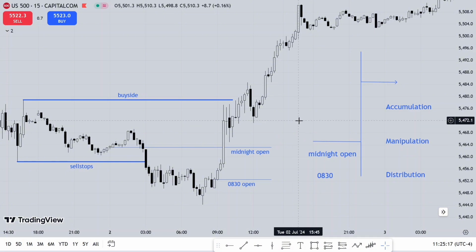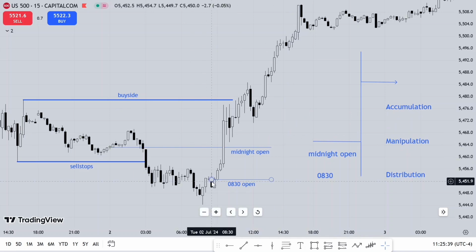typically goes on during the London session. The London session typically makes the low of the day, and if it does not, the New York session will make the low of the day. And if the New York session, before the 9:30 opening price, makes the low of the day, if the manipulation leg for the 8:30 window already makes a low like this and price rallies higher, this is indicating a very bullish price action.